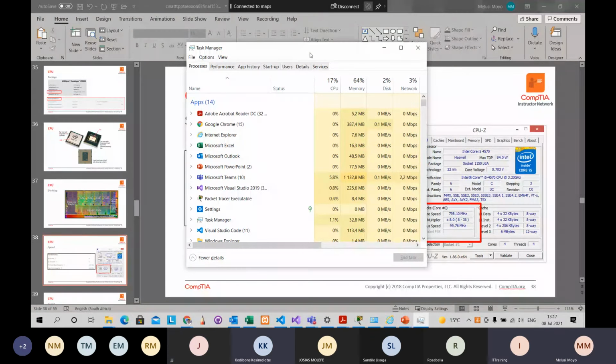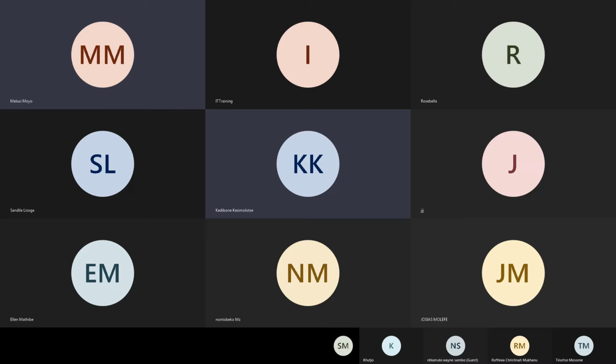Right. And then the other shortcut is Control-Shift-Escape. It will take you directly to Task Manager. Okay, let me try to switch my screen here so that you can see what exactly we're talking about. And then on your PC, if you don't know where to find this, if you're using Windows 10, just type in Task Manager on search there.